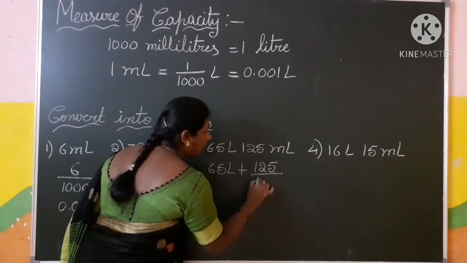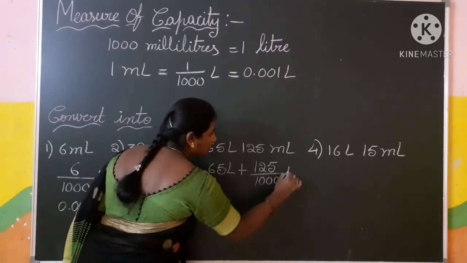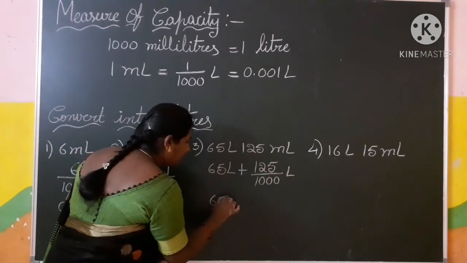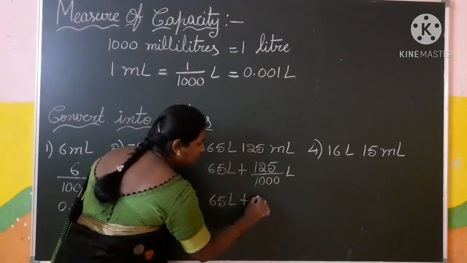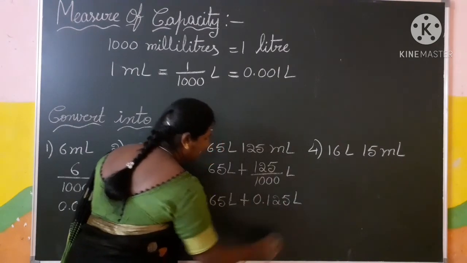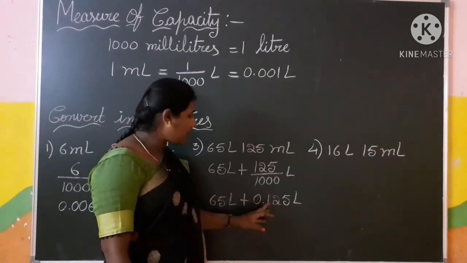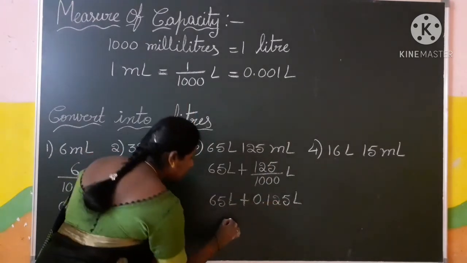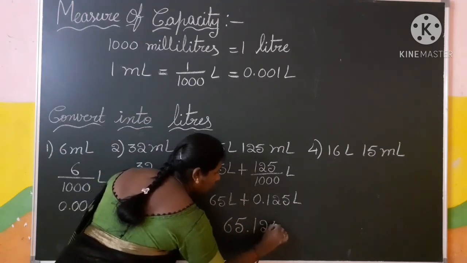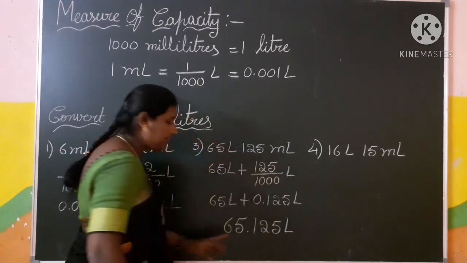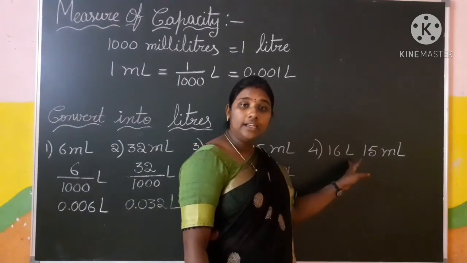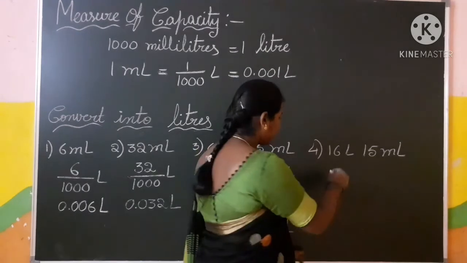So here the denominator has 3 zeros, so we should put 3 numbers before the point. 65 liters plus 0.125 liters is equal to 65.125 liters.